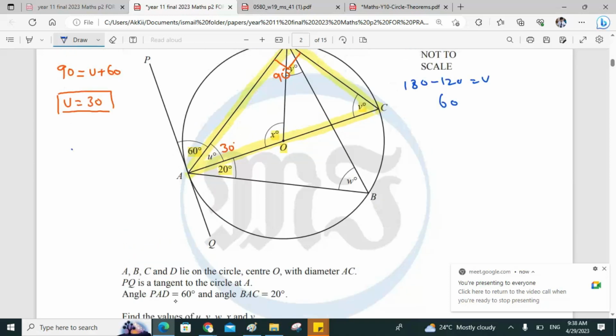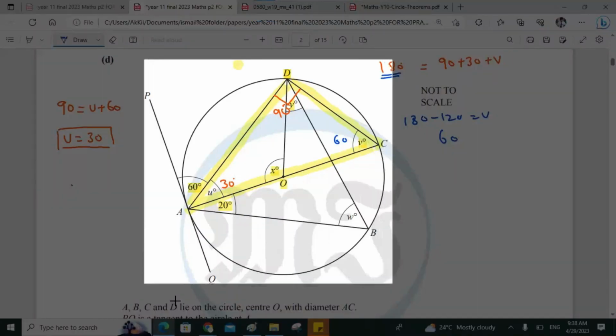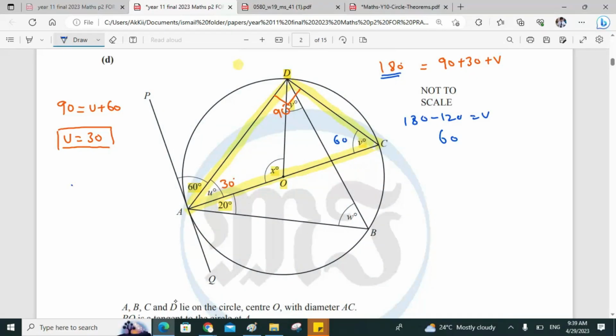Now for W, V is 60. Now if you just rotate this circle a little bit, the diagram of this circle, let me take this question from here. Let me remove this, because this highlighting will not allow you to see it properly.